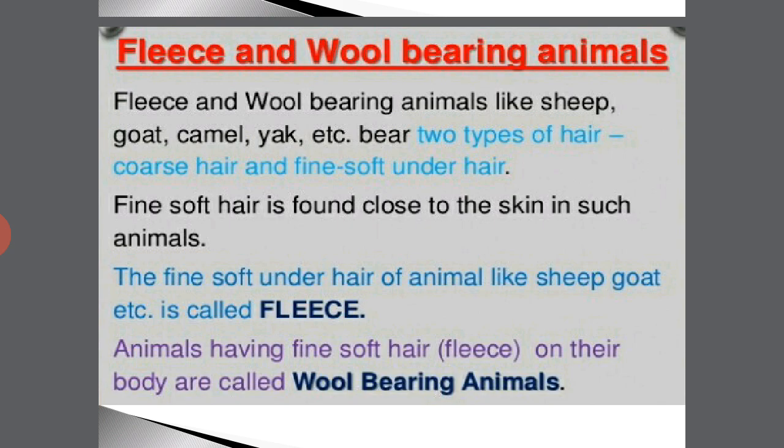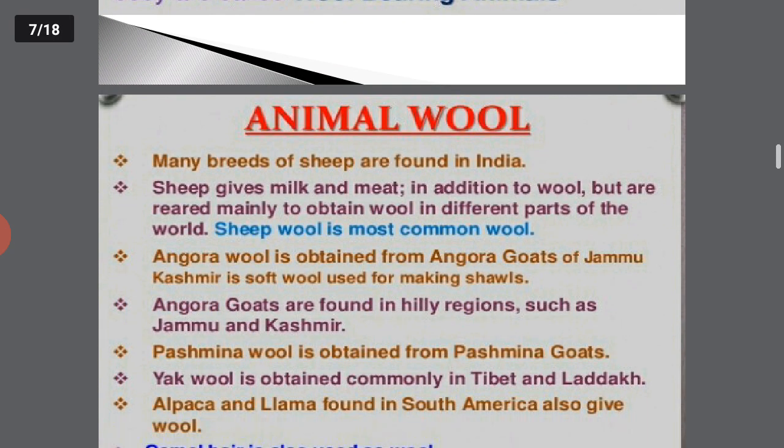The fine soft under hair of animals like sheep and goat is called fleece. Animals having fine soft hair on their body are called wool bearing animals, the animals that provide us wool.